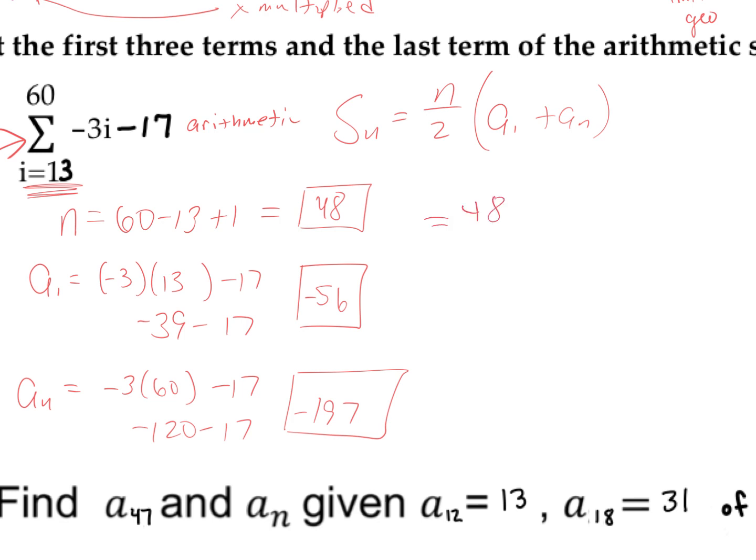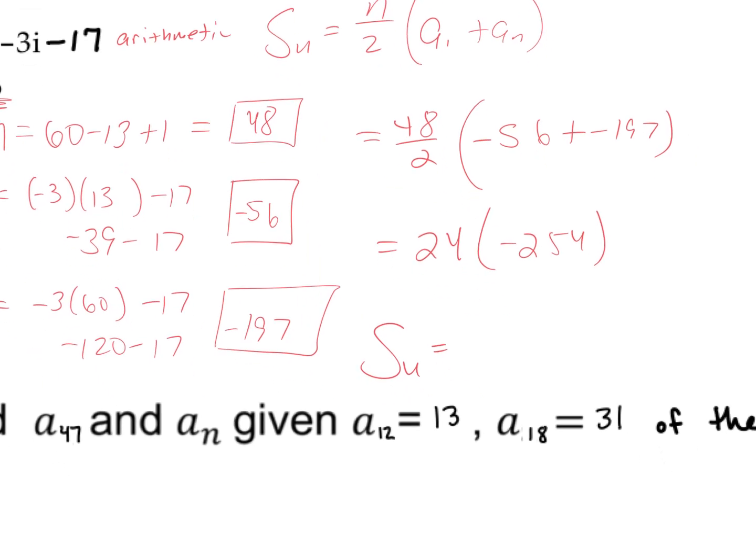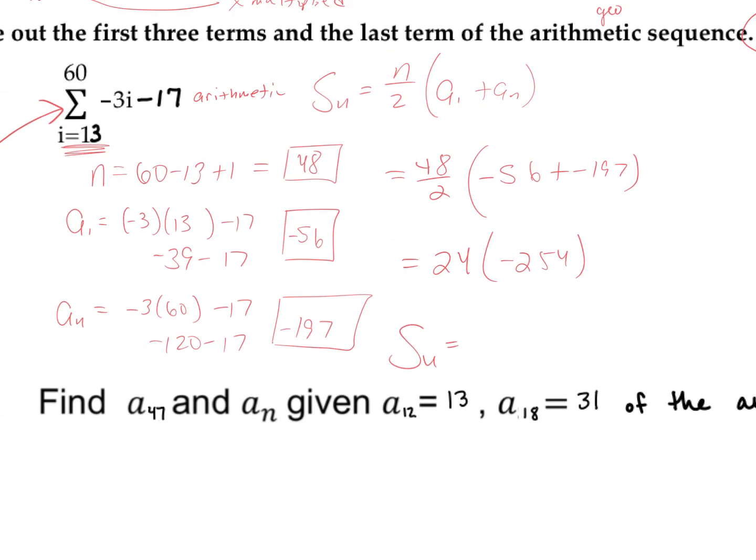You have 48 over 2 times negative 56 plus negative 197. 48 divided by 2 is 24. What's negative 56 and negative 197 when you add them together? Negative 254.